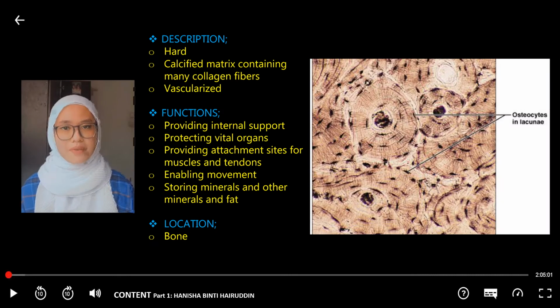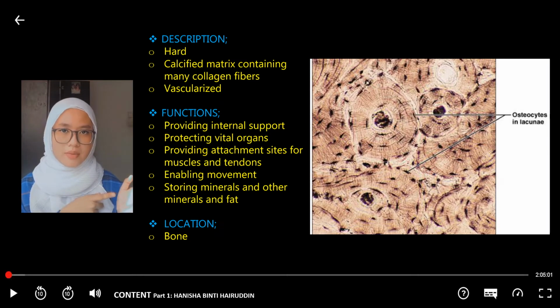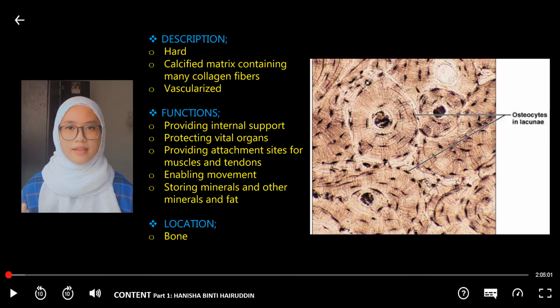The description for the bone, or known as osseous tissue: the first one is a hard, calcified matrix that contains many collagen fibers. For example, the picture beside me shows that the osteocytes lie in the lacunae. The third point is vascularized. The bone is actually vascularized with many blood vessels.